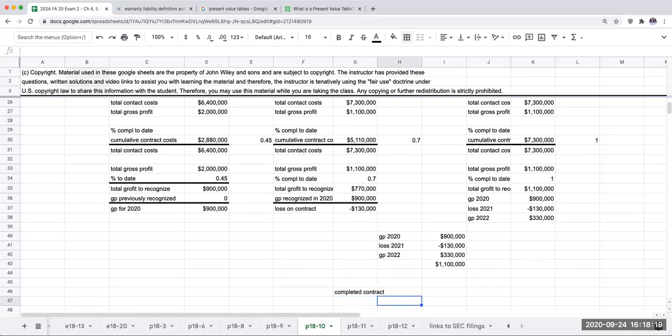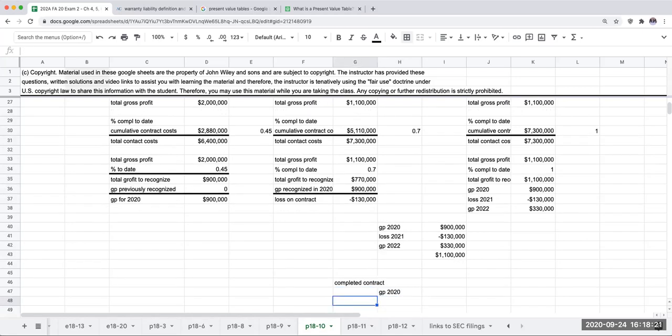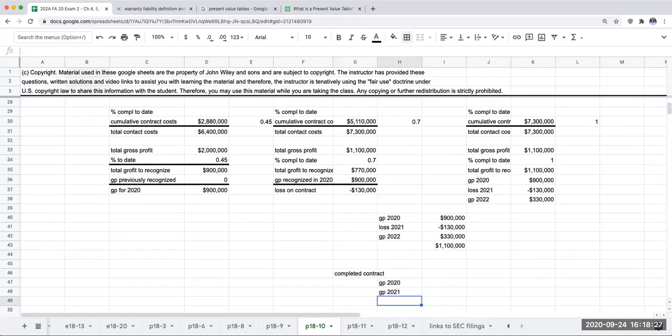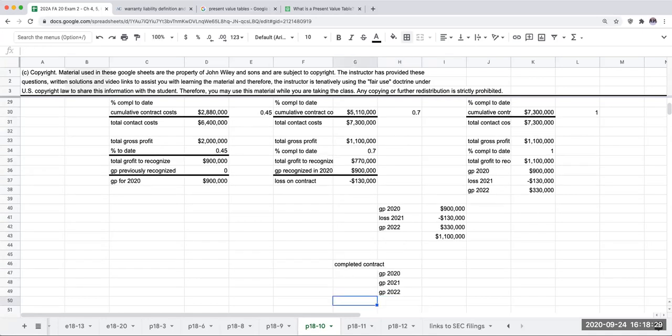So my gross profit for 2020, gross profit 2021, gross profit 2022. I recognize nothing in both of these, but in 2022, I will recognize the full amount of the gross profit on the contract of 1.1 million.